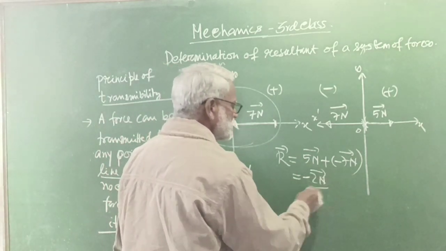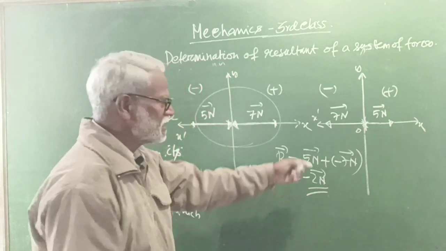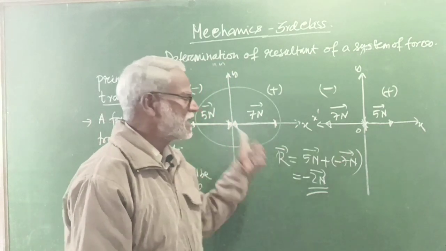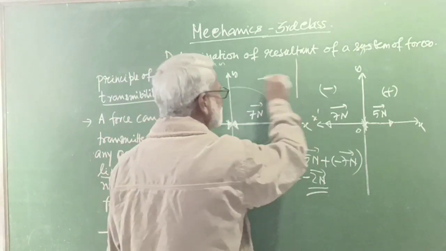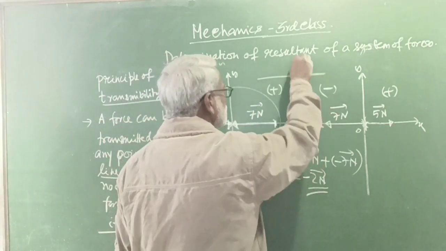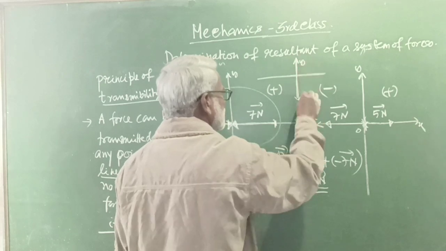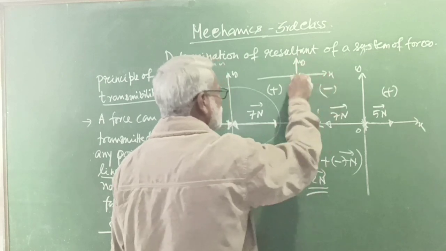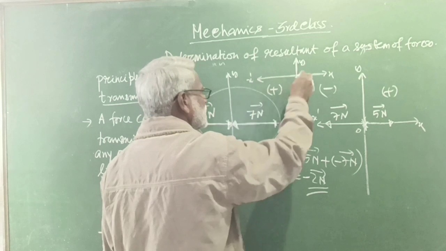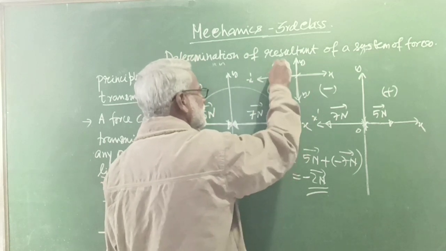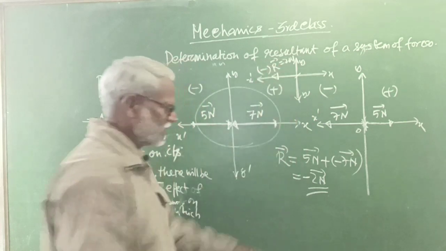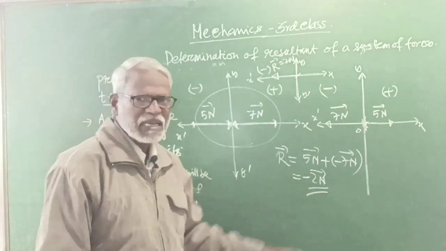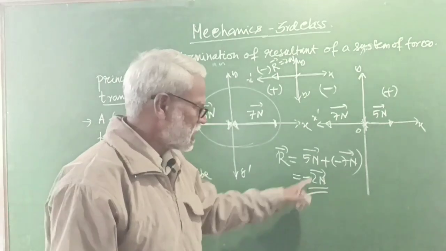Minus 2 Newton means the resultant is acting along the negative direction. That means the result will be like this. In a small figure we are showing that. So y dash, x, O, x dash. So the resultant will be in this direction R. So R is equal to 2 Newton and it is in the negative direction, which has already been indicated by the calculation.